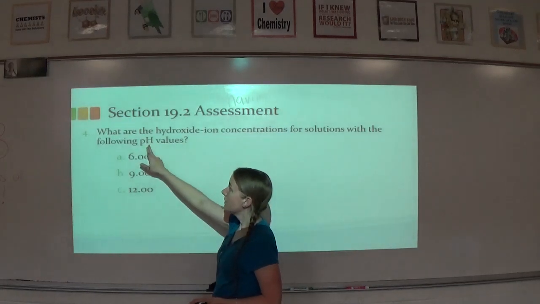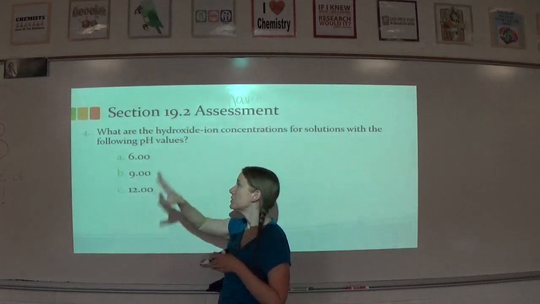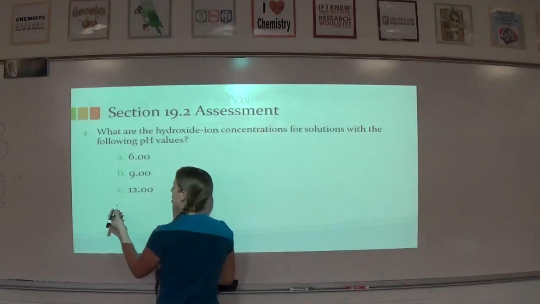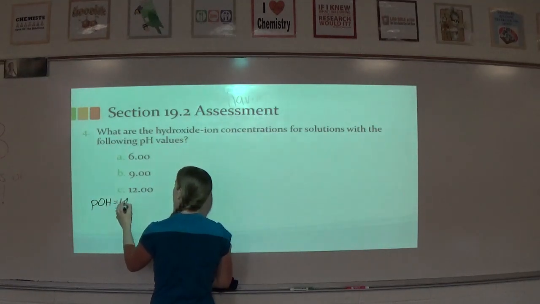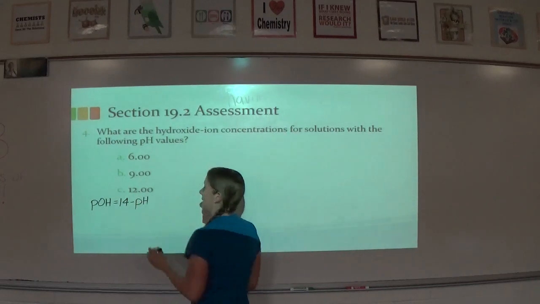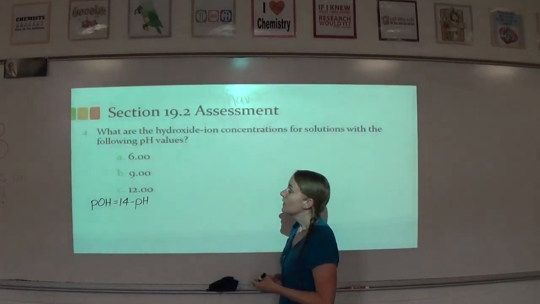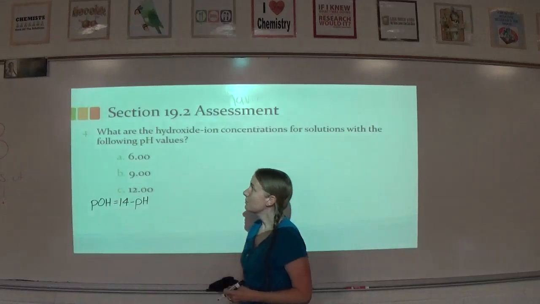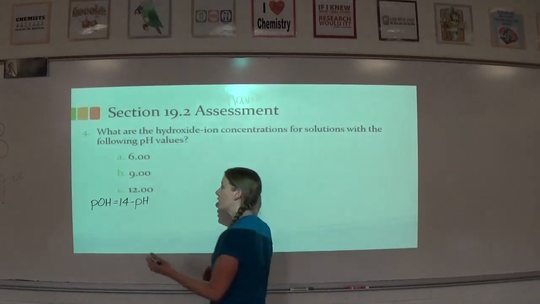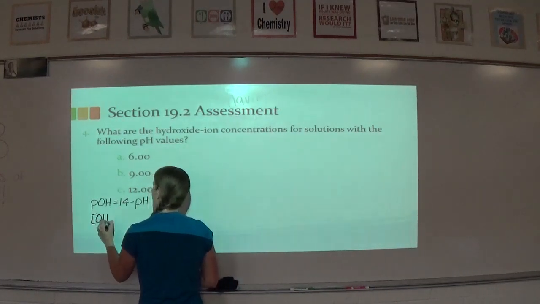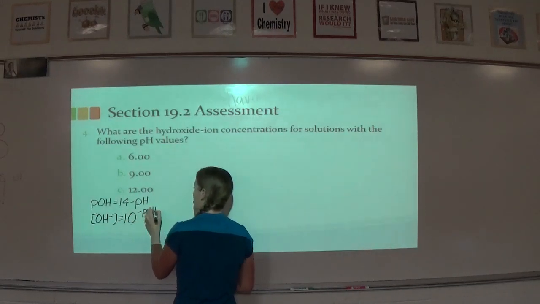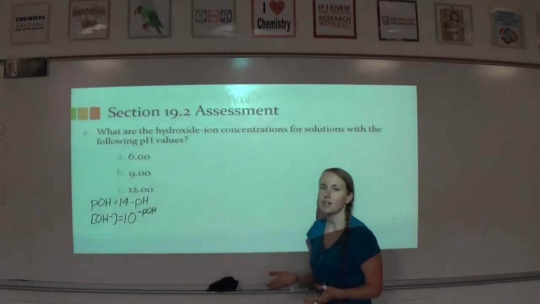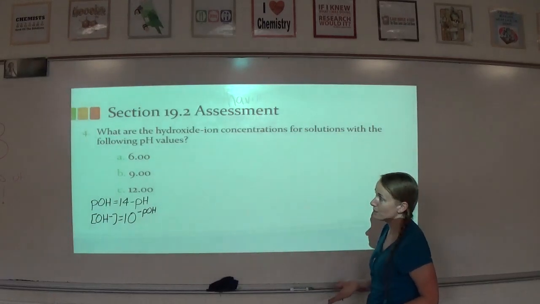So first, if I was thinking, okay, well I have pH, I'm trying to get the hydroxide ion, I would use my pOH equals 14 minus pH. That was just me rearranging the formula, by the way. I would use that first to get pOH, and then once I have pOH, I can say, okay, well OH minus is 10 to the negative pOH. So it's just about picking the right formulas for each problem.